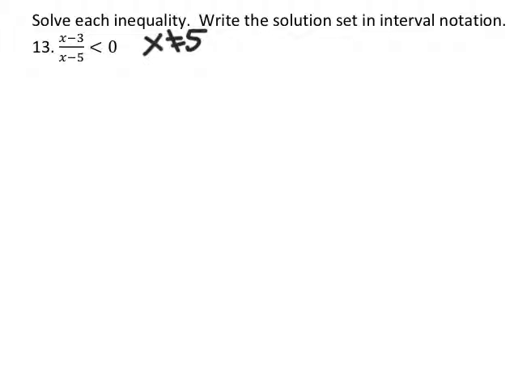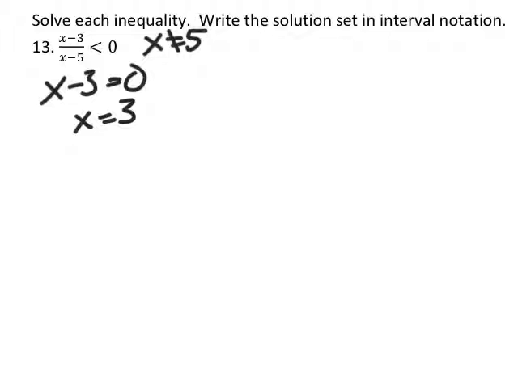Because once the numerator is equal to 0, we don't have to worry about anything else after that, because 0 divided by anything is going to be 0. So looking at that value, we can rewrite it as x minus 3. We need this to be equal to 0. Okay, so in this case, x is 3.